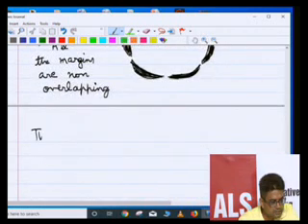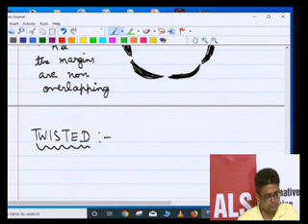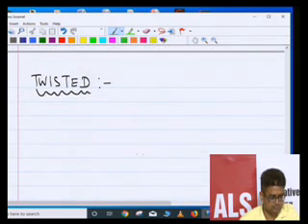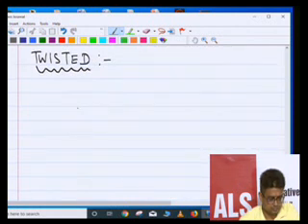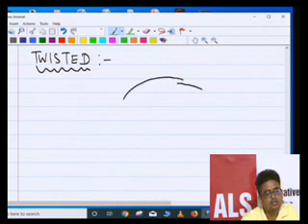Then the next estivation is the twisted estivation. Okay, in the twisted estivation, what happens is, one margin is above, the other margin is below.